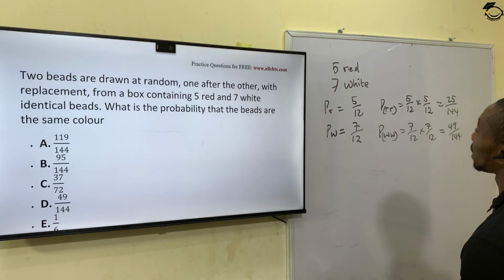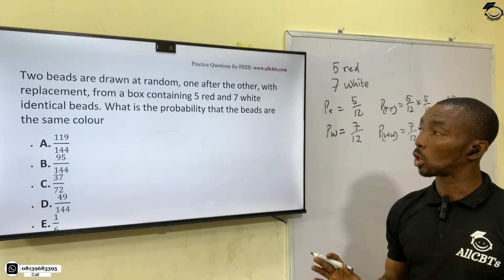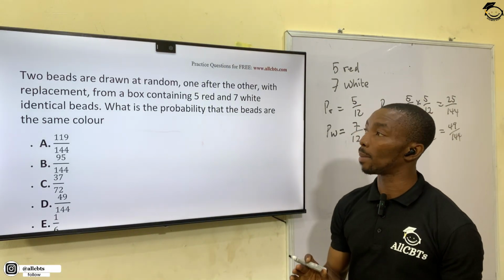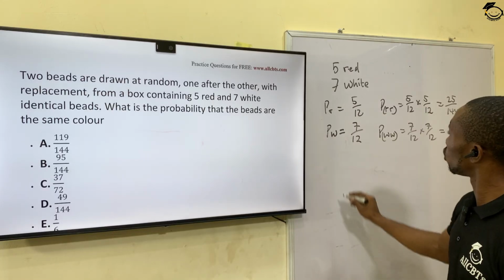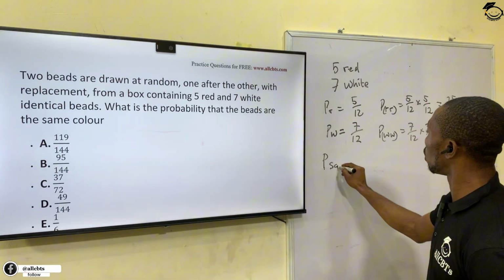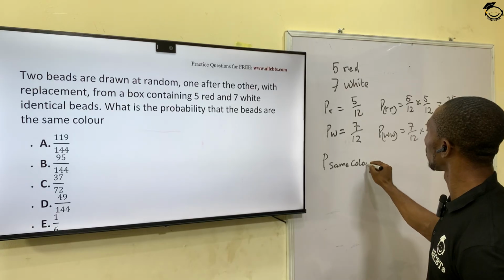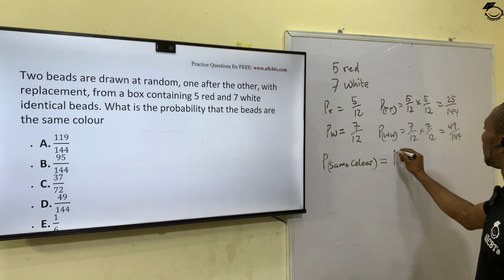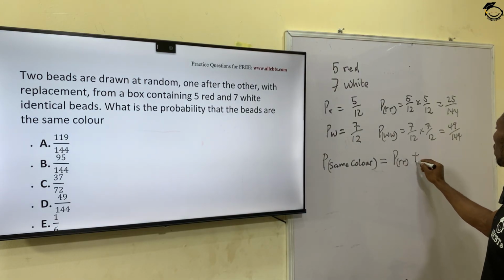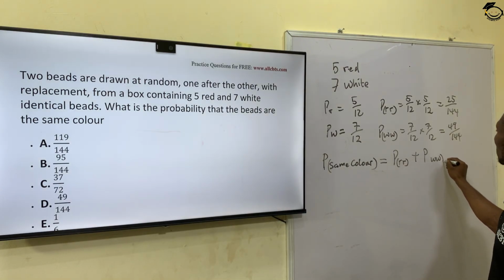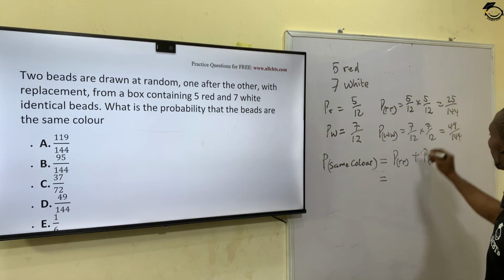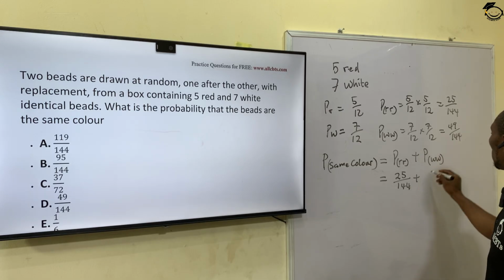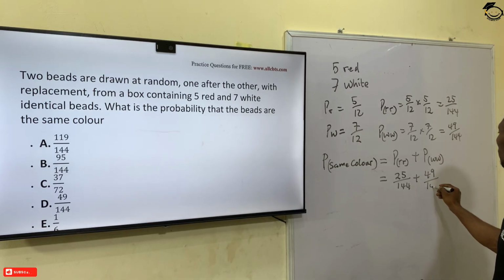Okay, now, since we're looking at the probability of picking same colors, we are going to add the probability of picking red plus the probability of picking white. So, probability of same colors would be probability of red plus probability of white. Now, probability of red we have as 25 over 144 plus 49 over 144.